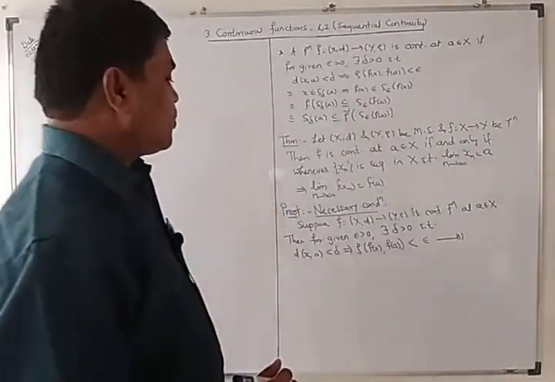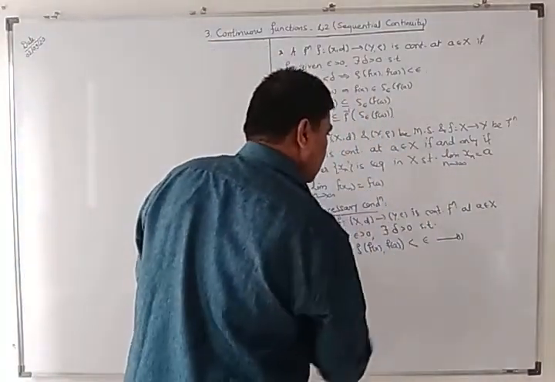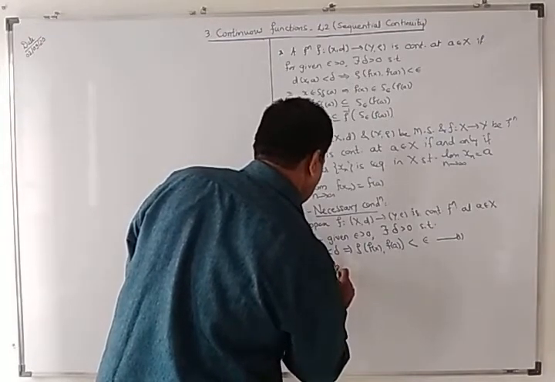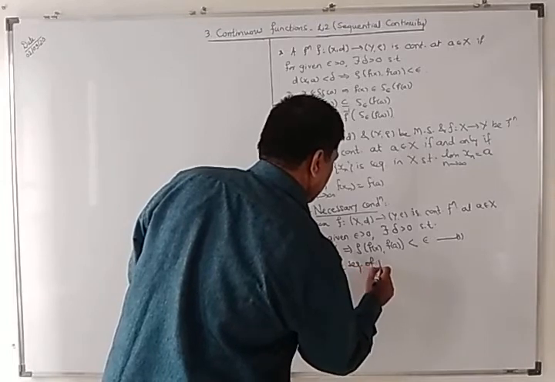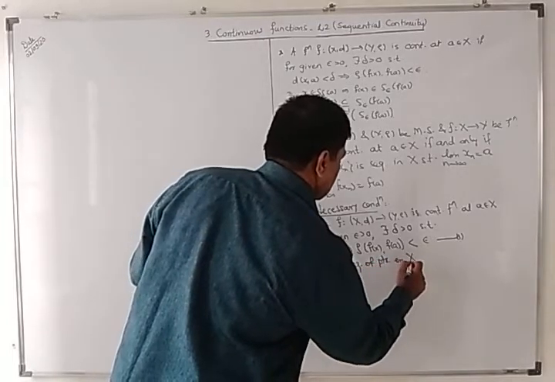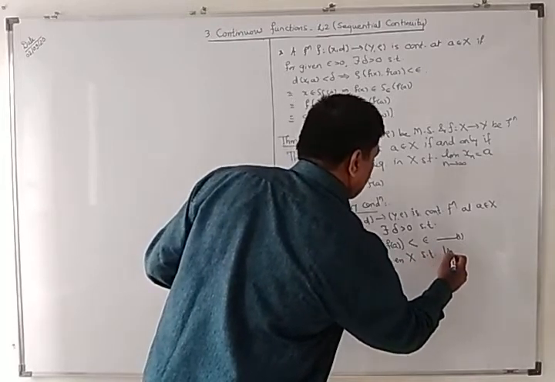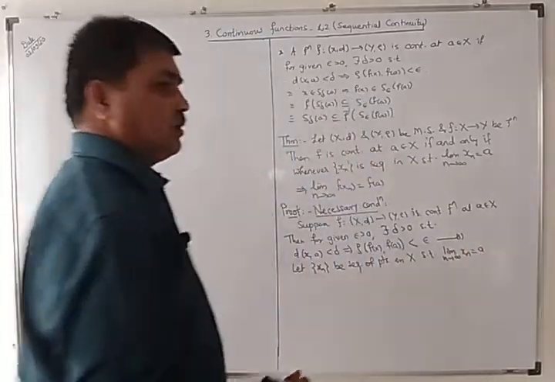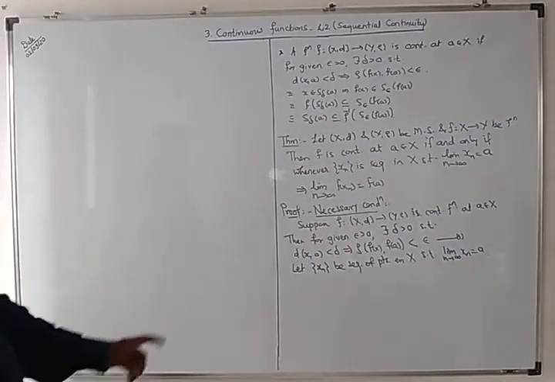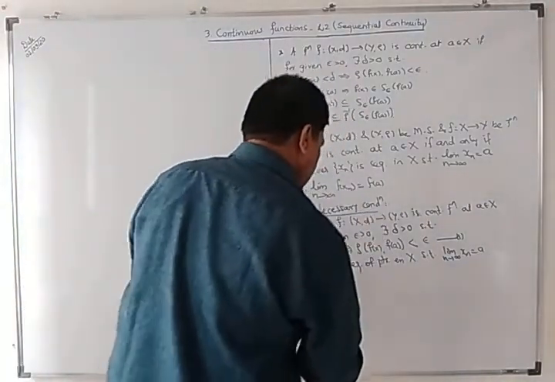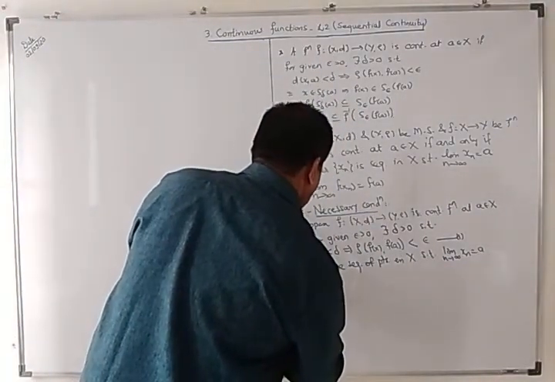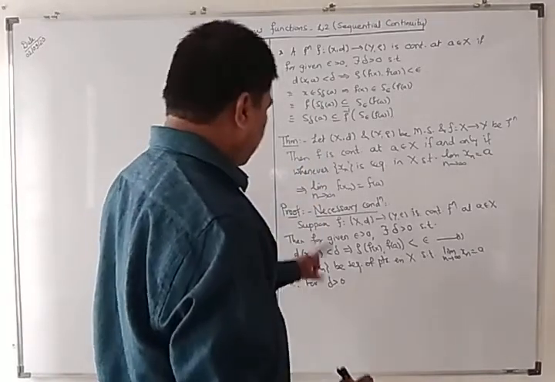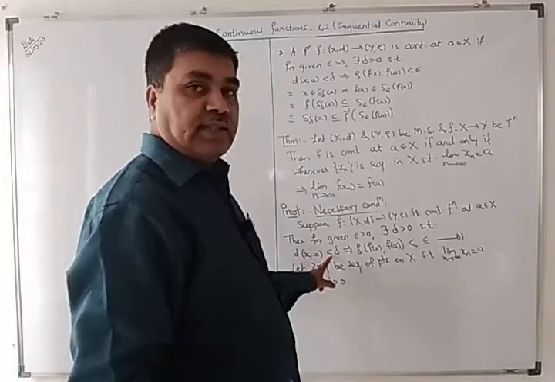Now let x_n be a sequence of points in X such that limit n tends to infinity of x_n is equal to a. Therefore, for this delta greater than 0, why am I choosing delta? Because d(x, a) less than delta is given.